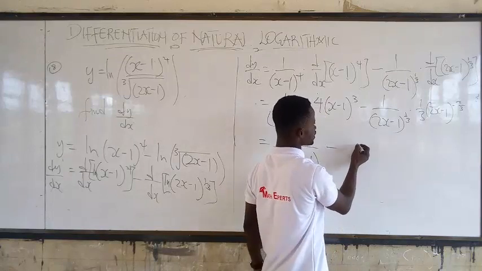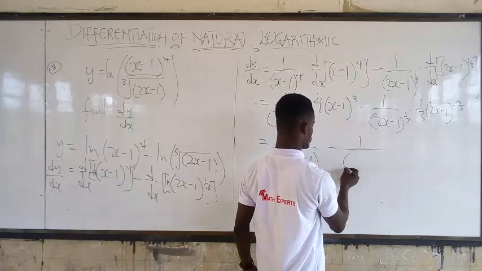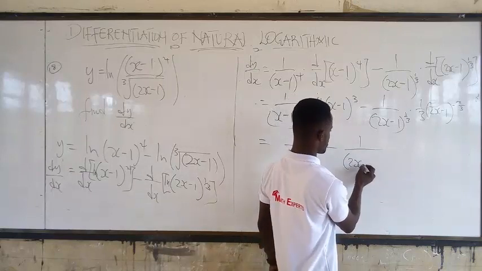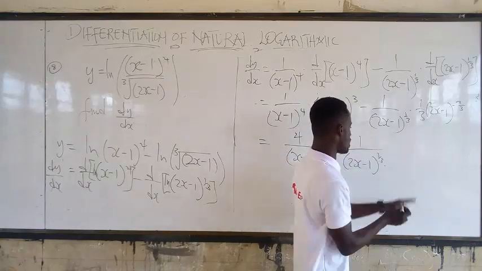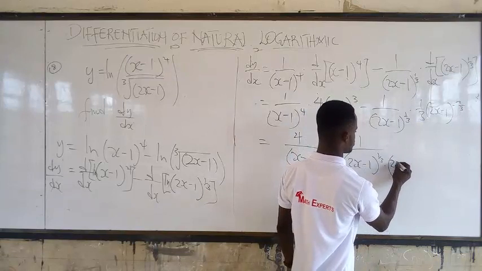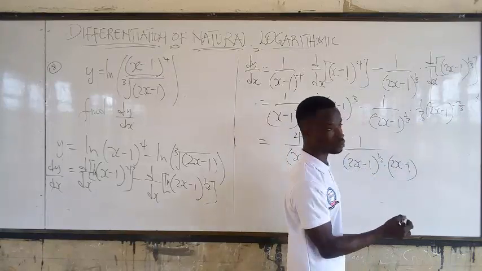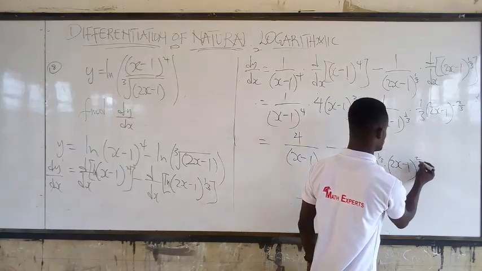You can see it will be only 1 in the numerator, and (2x minus 1) to the power 1 over 3 times this one will come down because of the negative here. So you get (2x minus 1) to the power 2 over 3.